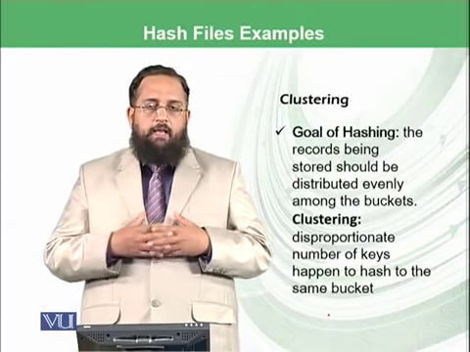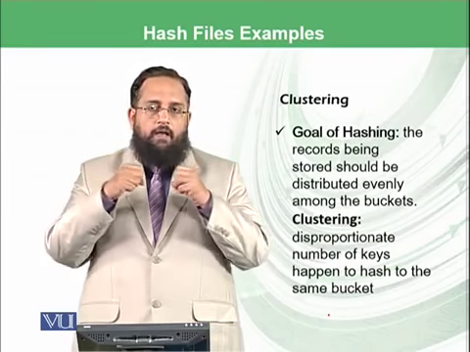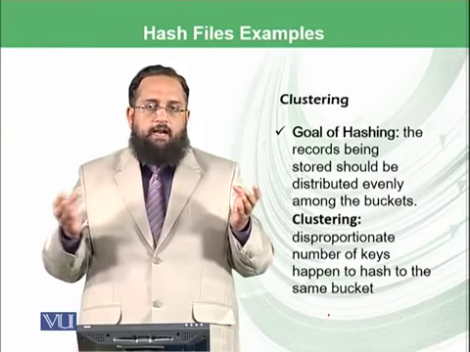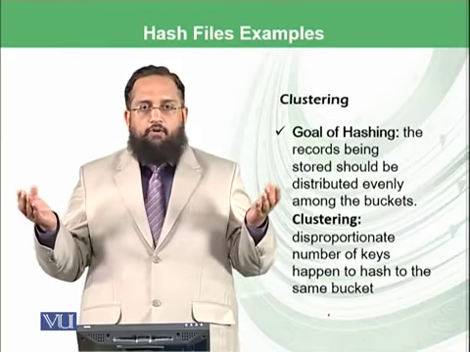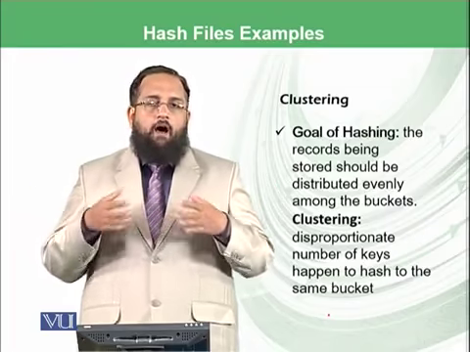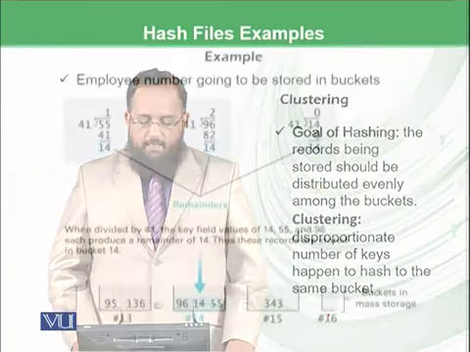So most of the records come to one particular bucket, as we have seen: if all of the remainders are 2, then the second bucket will be overloaded and all other buckets will be empty. Such a concept is known as clustering.